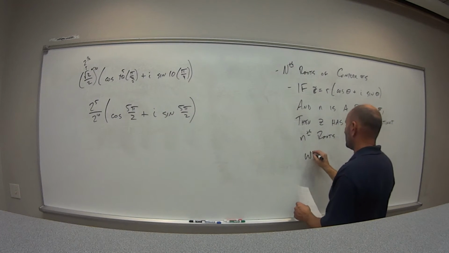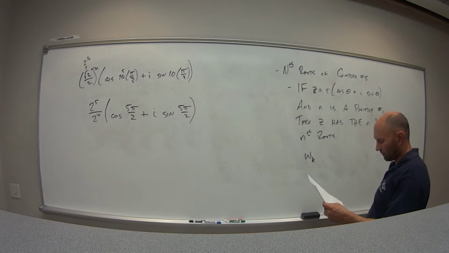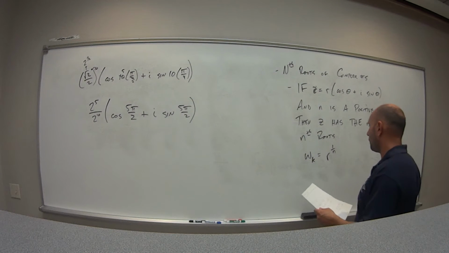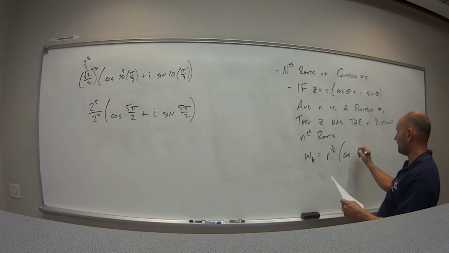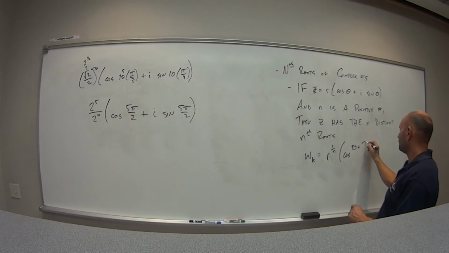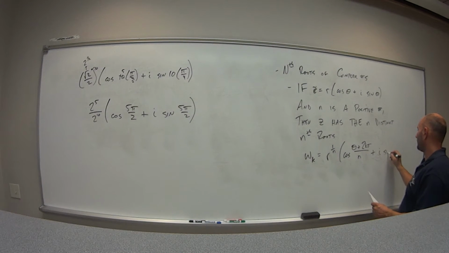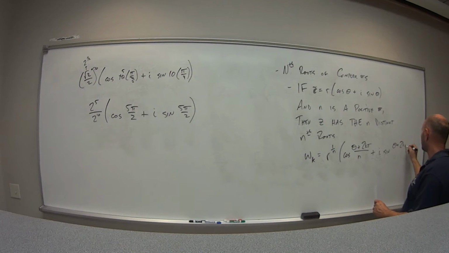given by the following. We use what looks like a W, an omega sign, so omega k is equal to r to the 1 over n times cosine of theta plus 2k pi over n plus i sine of theta plus 2k pi over n.